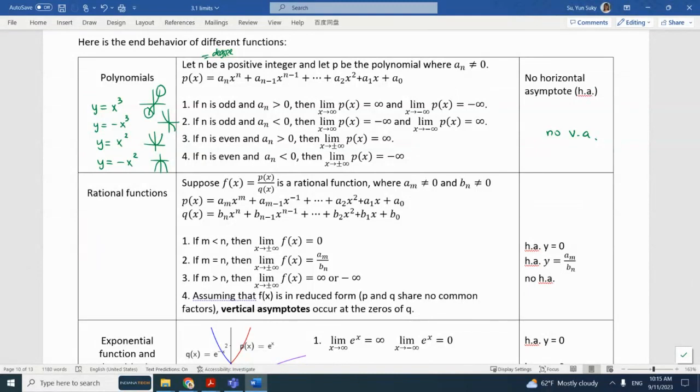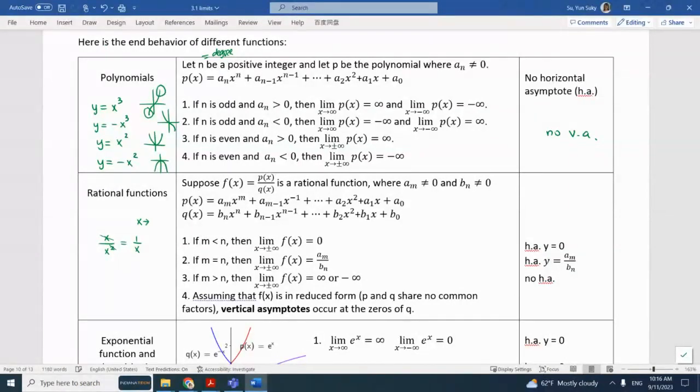If the denominator is bigger, let's use some example to help us figure that out. You can think of numerator as x, denominator as x squared. Do you agree? In this case, denominator is bigger. Do you see your x can cancel a copy? You get 1 over x, right?